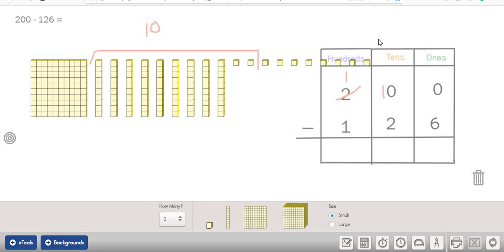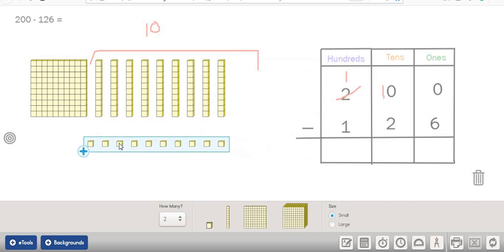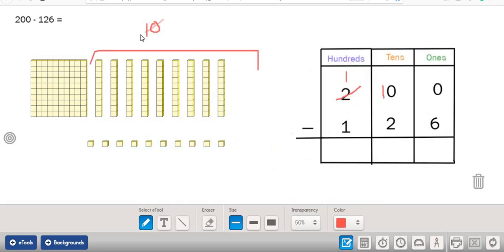Here they are. Now we have 10 ones and 9 tens. So this 10 is gonna be 9 and this 0 is gonna be 10. So interesting. Now we have enough ones to subtract.